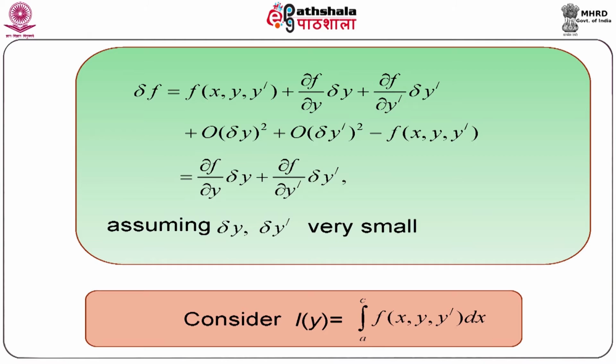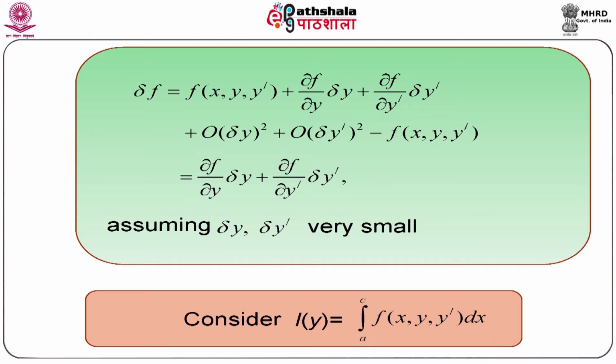From figure 5.1, you can get the variation of f as the difference between the value of f taken at the point P1 and taken at the point P. So, delta f equal to f P1 minus f P equal to f function of x, y plus delta y, y dash plus delta y dash minus f x, y, y dash.